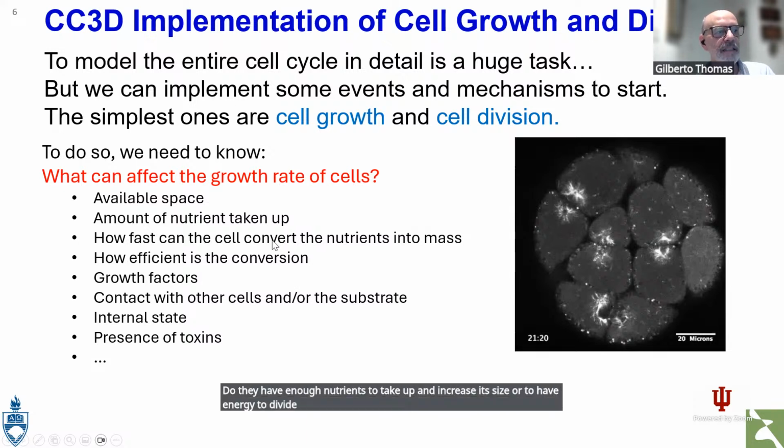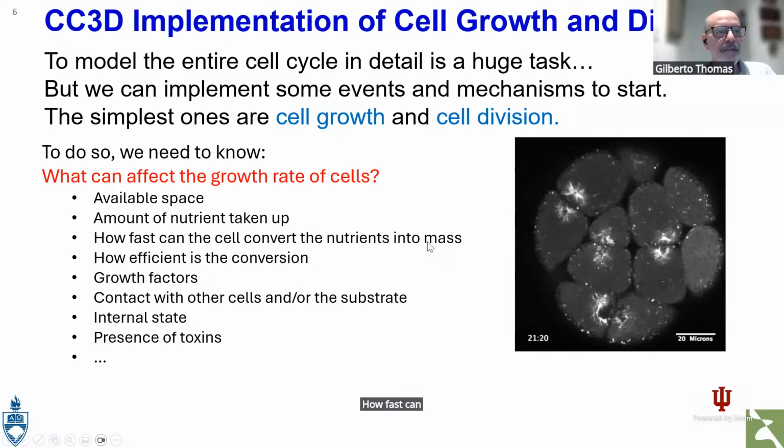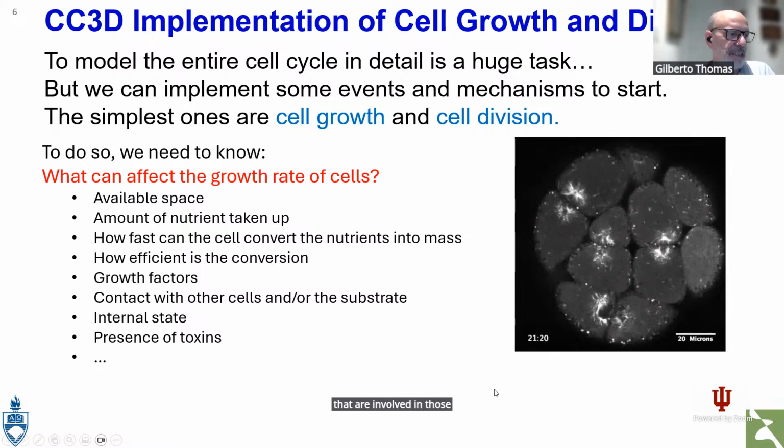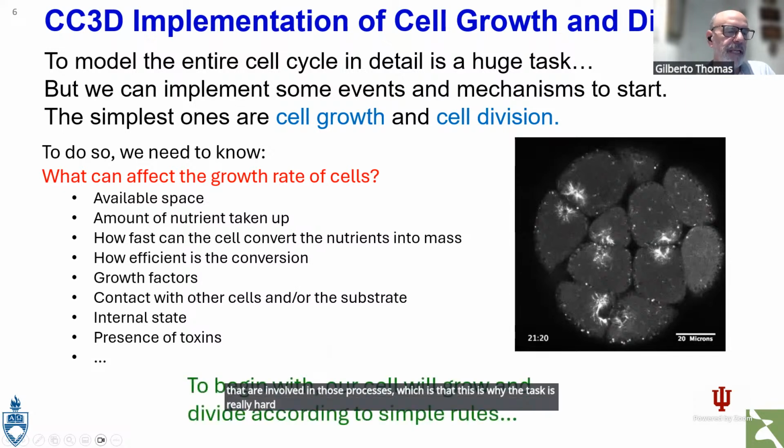How fast can a cell convert nutrients into cell mass? Are there growth factors in the medium to promote growth? So it's a bunch of things that are involved in those processes, which is why the task is really hard.